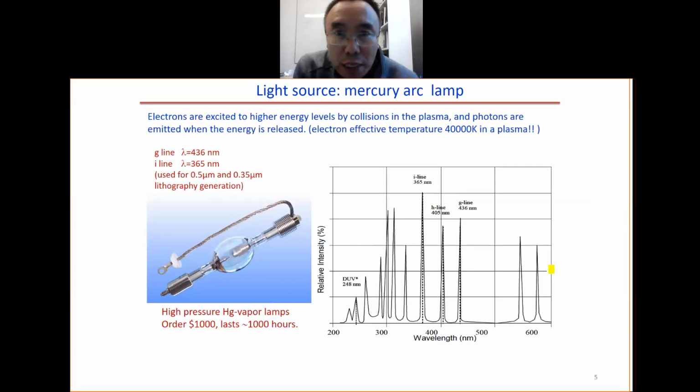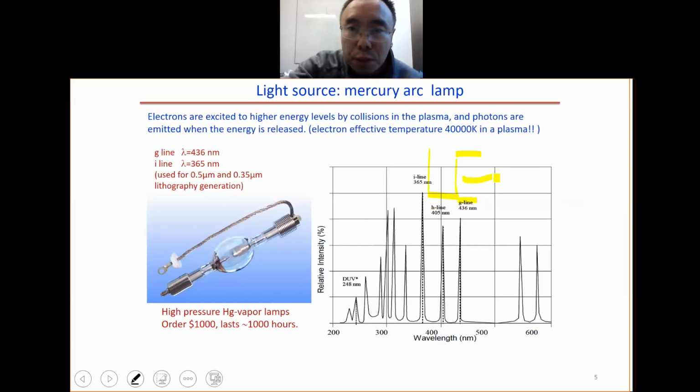So now let's look at the light source for optical lithography. For lab equipment, the most popular light source is the Mercury Arc Lamp, but at the moment it's also possible to use LED UV light. So LED UV light is also available for photolithography.